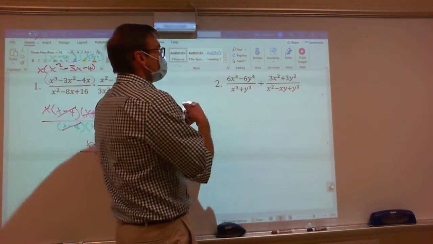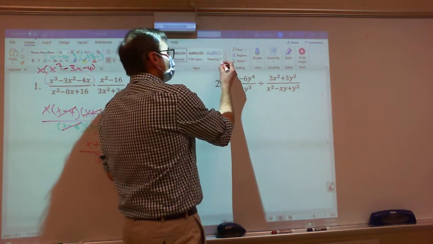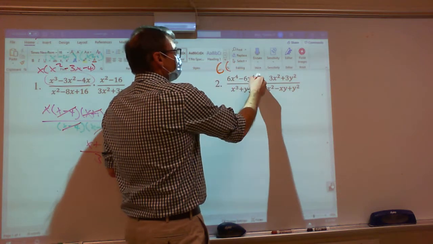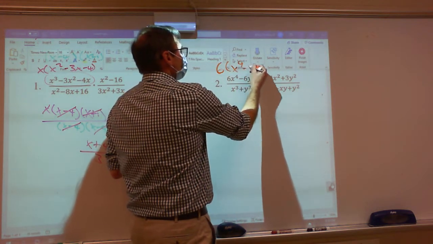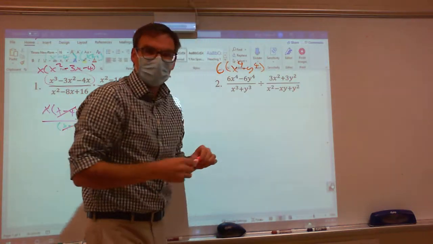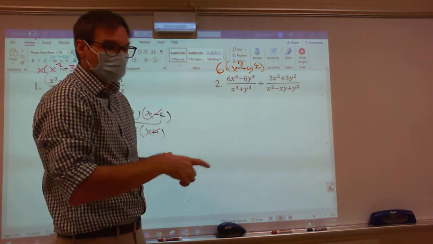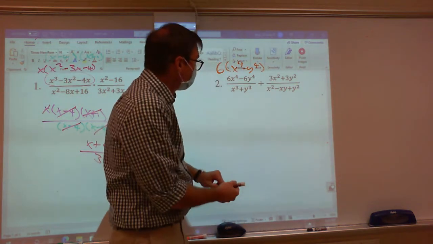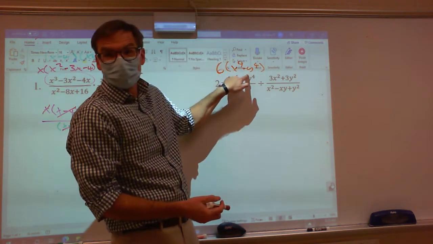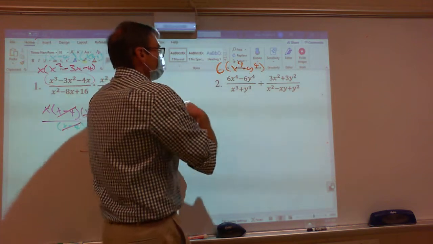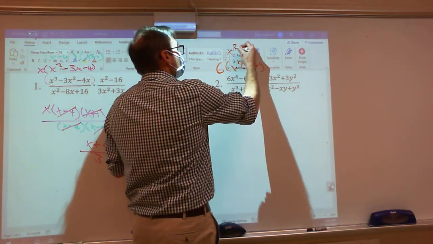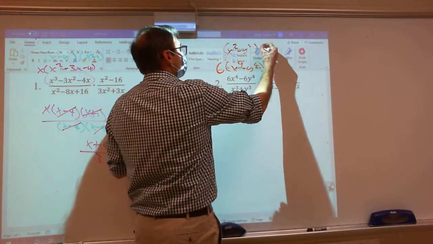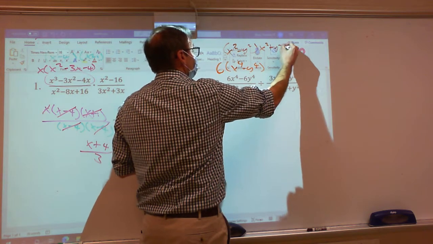And the first thing I notice is I can pull a 6 out. And then I'm left with x to the 4th minus y to the 4th. Then, I'm not done. That's a difference of squares as well. And so that becomes x squared minus y squared times x squared plus y squared.